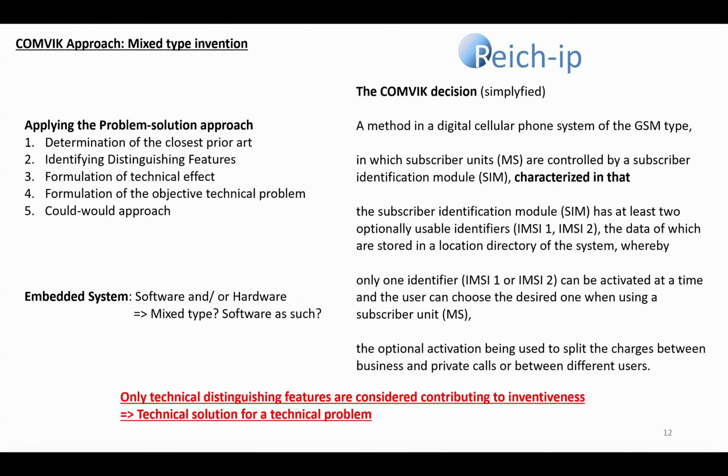So the underlying problem of the application was how can we manage that one single person, let's call them user, receives two invoices, split regarding the private calls and the business calls. So as you can see, this is implemented in a cellular phone system. So this already sounds technical.